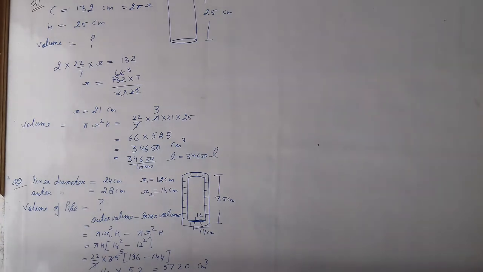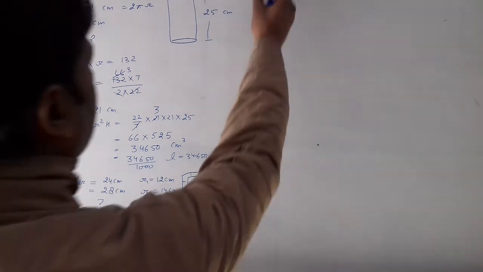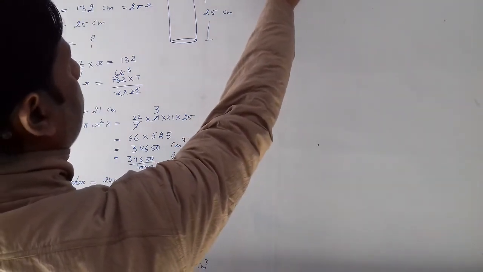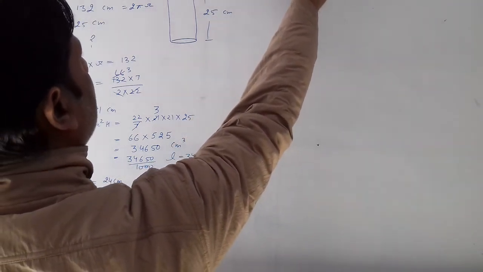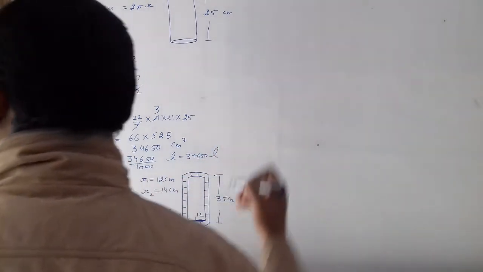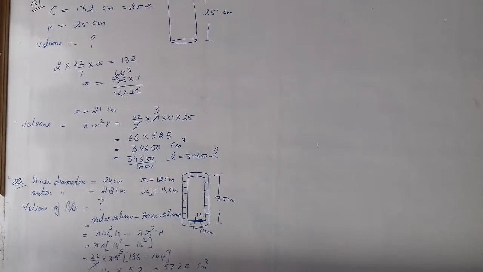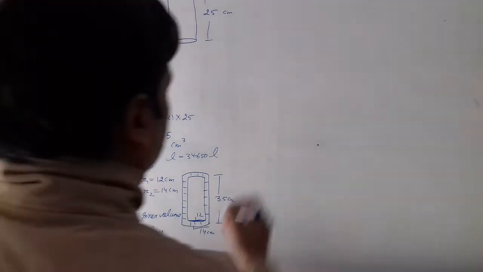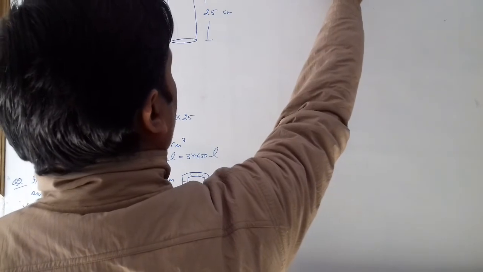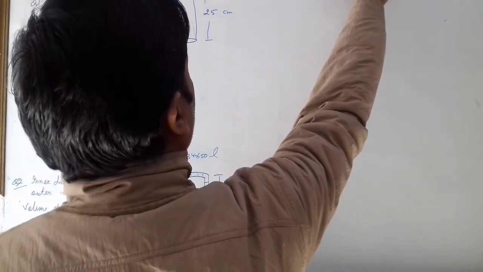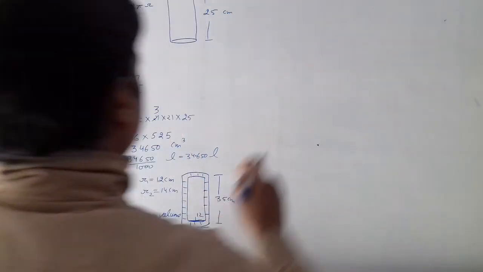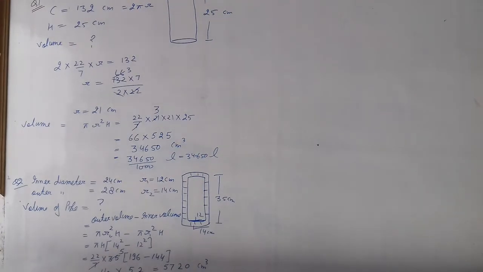Now next is find the mass of the pipe also. So you can apply here mass of pipe is equal to volume into 1 centimeter cube का जो mass है वो है 0.6 ग्राम. So you have to multiply this 5720 into 0.6 gram. Now multiply this 5720 multiplied by 0.6.